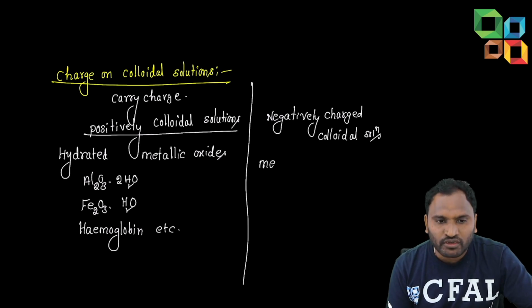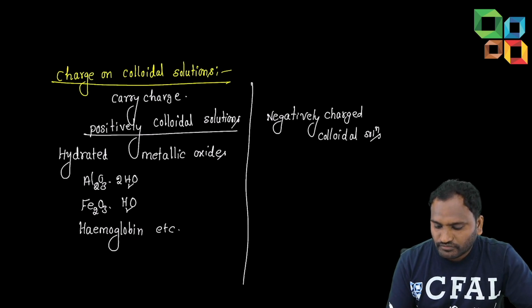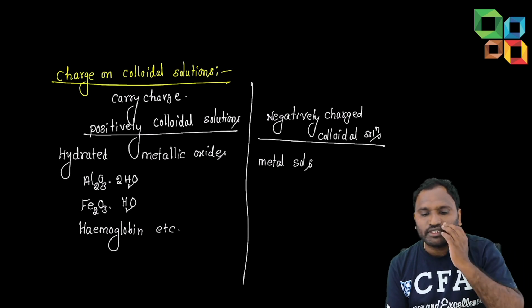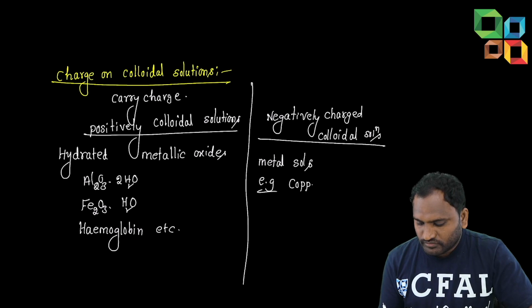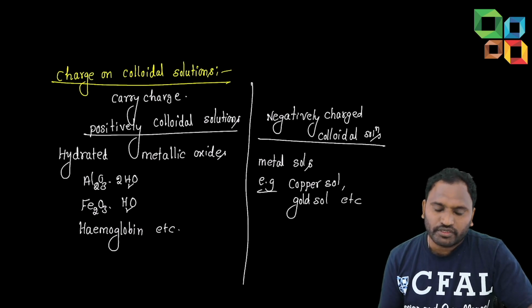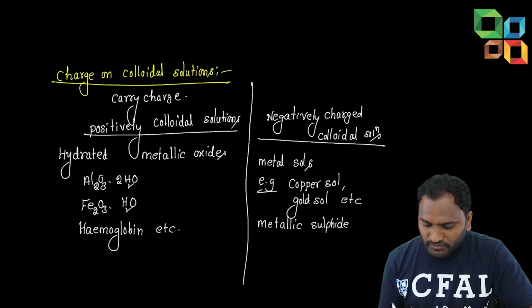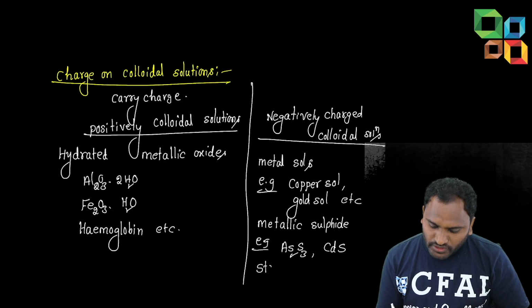Metal salts, for example gold salt and copper salt, are examples of negatively charged colloidal solutions. Metallic sulfides also, for example arsenic sulfide and cadmium sulfide, are examples of negatively charged colloidal solutions.